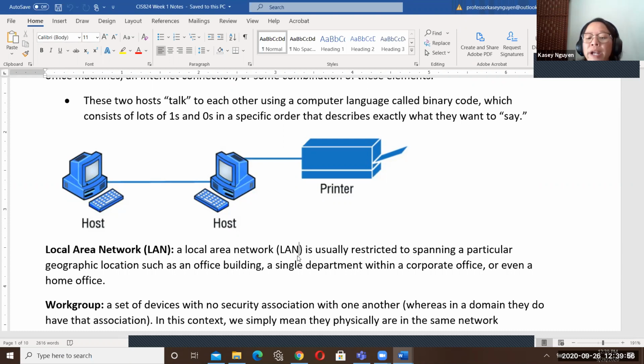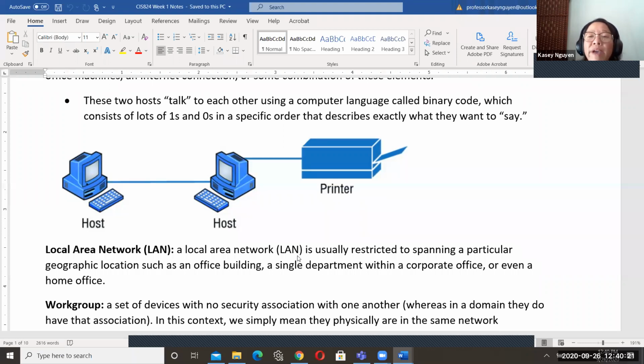So a local area network is restricted to a geographic location, such as an office building. It could be a single department in that large building, right? It could be, and we'll talk about the variations of this, in your own home that you run a business.